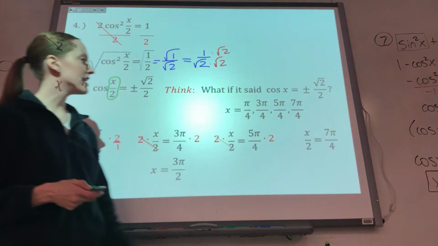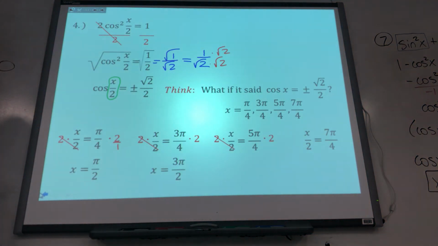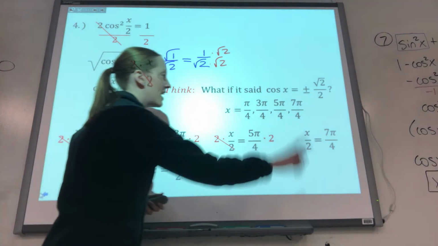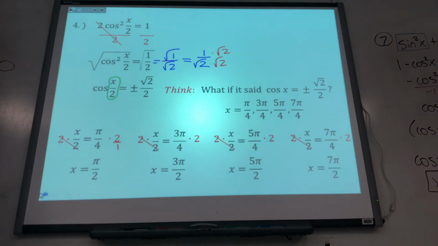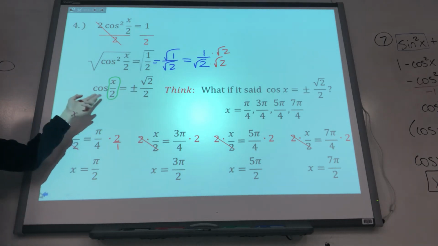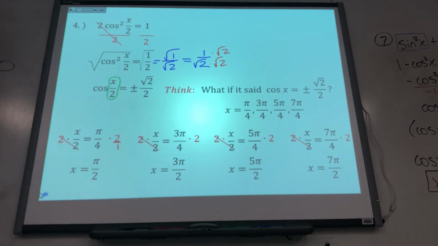Multiply by 2 right here, I get 10 pi over 4, but that reduces to 5 pi over 2. Then, last one, 14 pi over 4, that can be reduced to 7 pi over 2. Okie doke. Again, it's multiple angle when it's not just x. There's something else going on with the x. Any questions about those?